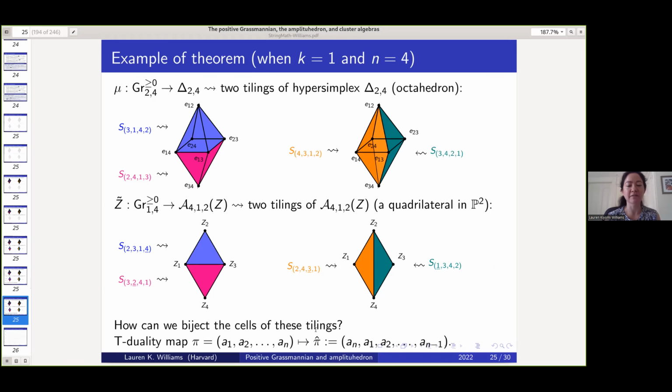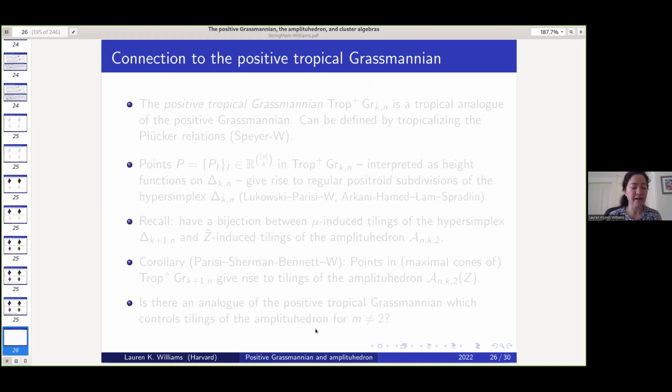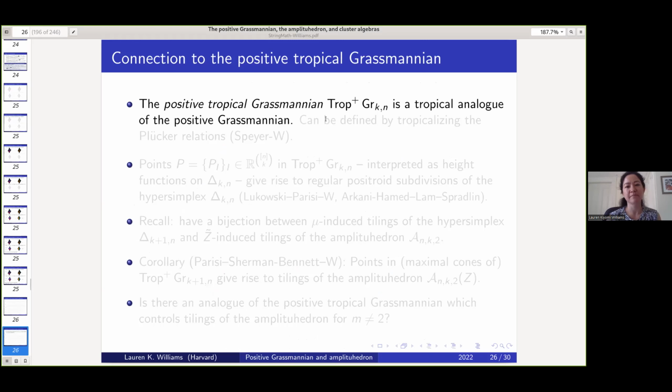Okay, so the statement, again, which is true for any k and n, is that tilings of the hypersimplex are in bijection with tilings of the amplituhedron. This leads to a connection to the positive tropical Grassmannian, which is a kind of tropical analog of the positive Grassmannian.